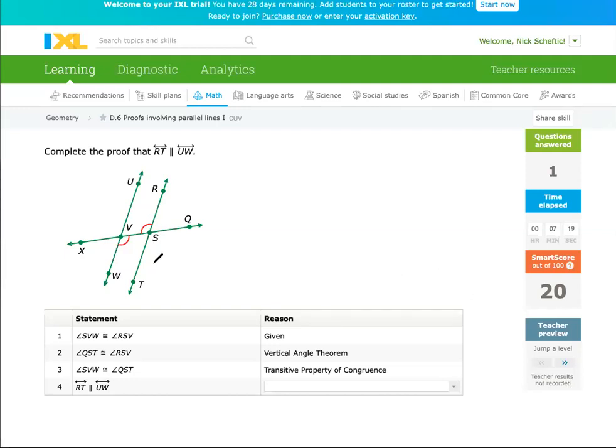We have the second statement, so it's QST. So QST right there is going to be congruent to this one right there. They're across from each other on the lines, so it's the vertical angle theorem. The transitive property of congruence, that is SVW is going to be congruent to QST.